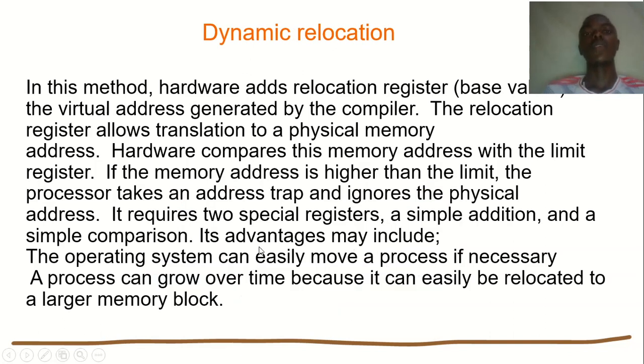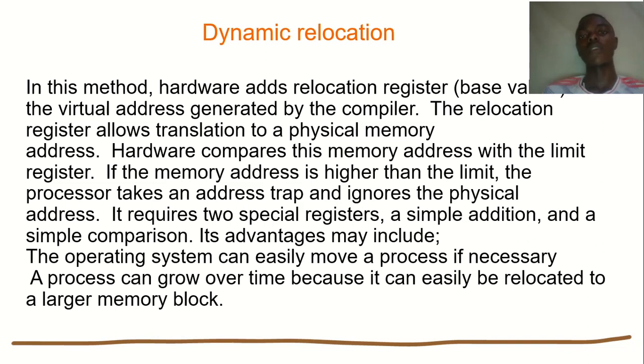So this brings us to dynamic relocation. In this method, the hardware adds the relocation register to the virtual address generated by the compiler. The relocation register allows translation to a physical memory address. Hardware compares this memory address with the limit register.